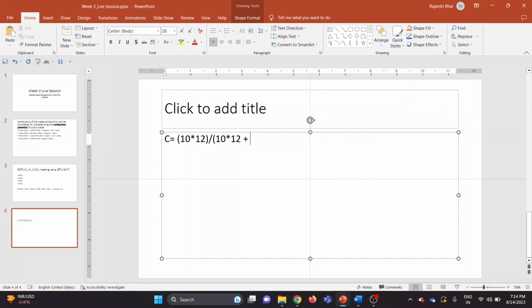followed by 16 into 1, where 1 is the weight of a hydrogen atom and 16 is the number of atoms, plus 2 nitrogen atoms, each weighing 14, so 14 into 2, plus 8 oxygen.